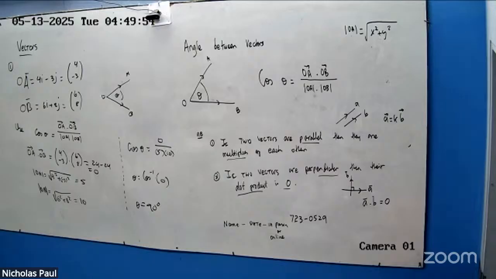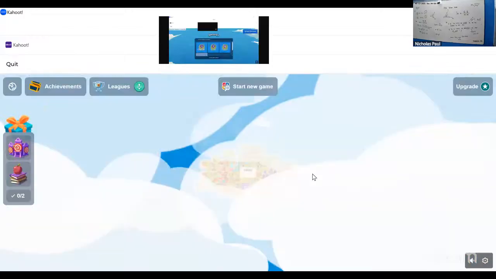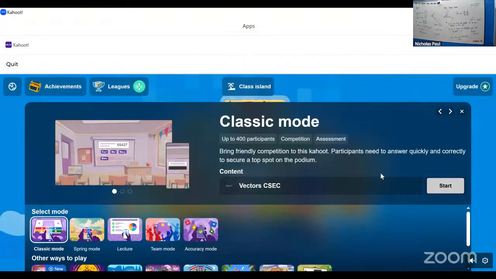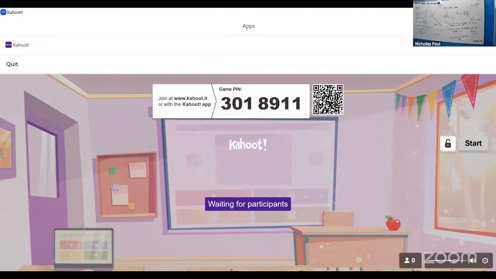For the physics Kahoots, we don't give them money. You'll see now online, you should be seeing the Kahoot screen, right?